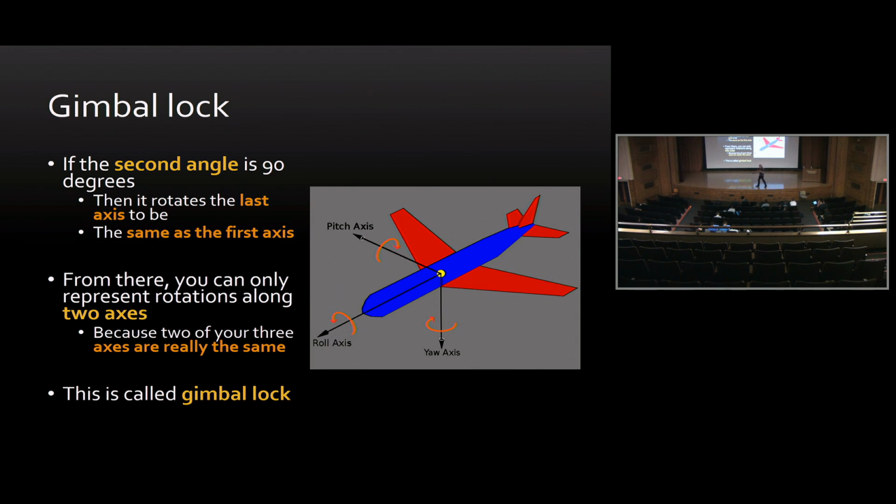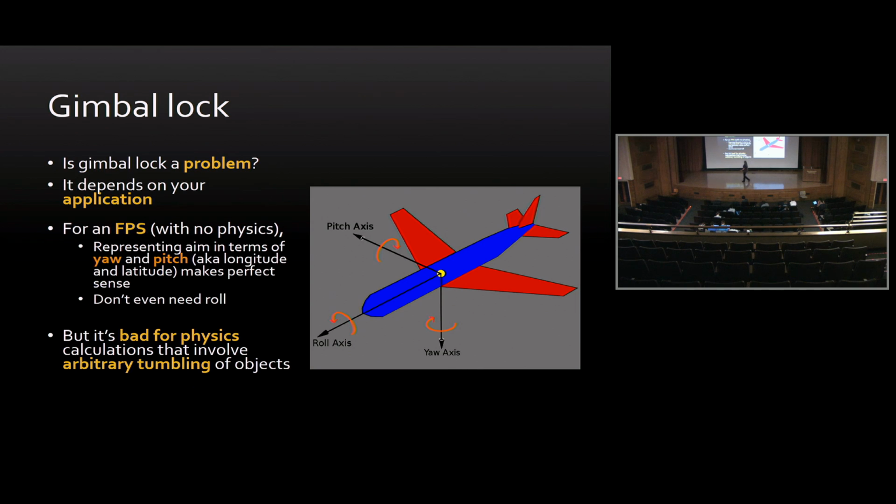What happens is your players get, A, disoriented, and B, frustrated. So yaw, pitch, and roll is great, basically as long as you don't pitch too much. As soon as you pitch too much, things break down. You get gimbal lock. So is gimbal lock a problem?